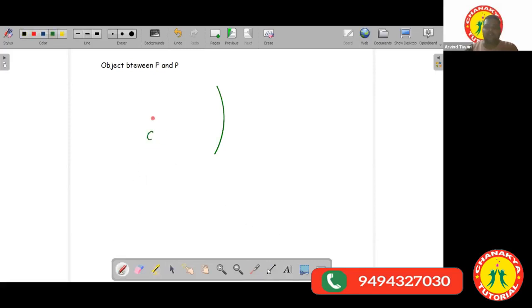Center of curvature. Draw the principal axis. Right here, pole, F, F and P. Make the shading of the mirror.